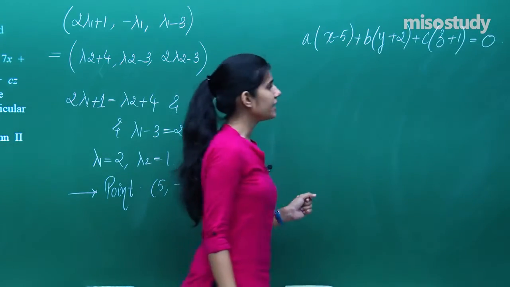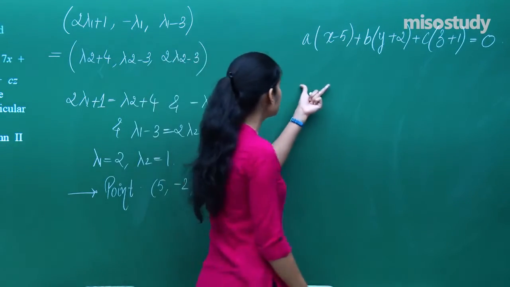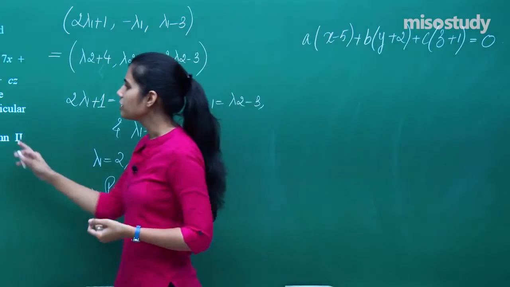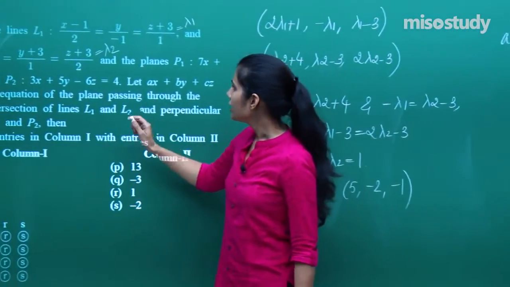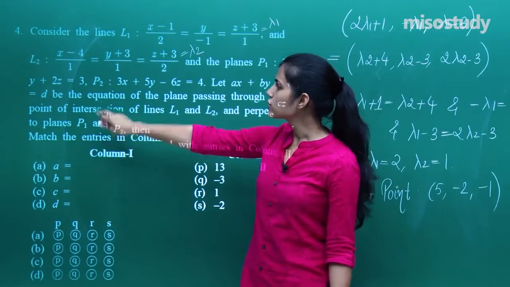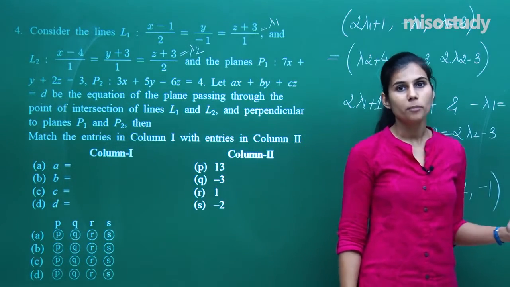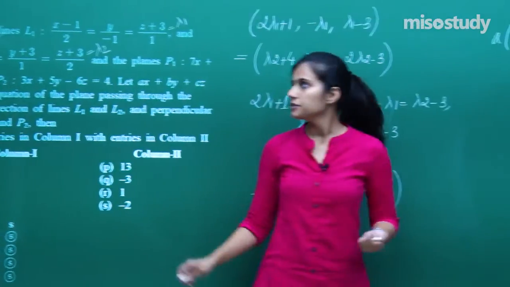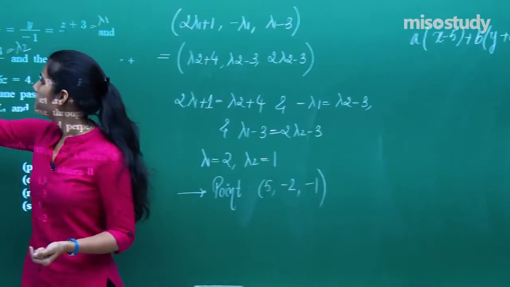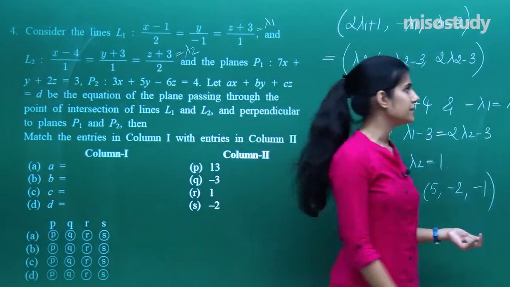This is the equation of the plane. Fine. Now this plane is, it's given that it is perpendicular to plane 1 and plane 2. Right? Plane 1 is what? 7x plus y plus 2z equals 3. So the dot product of their normal vectors will be 0. So you get 7a plus b plus 2c.